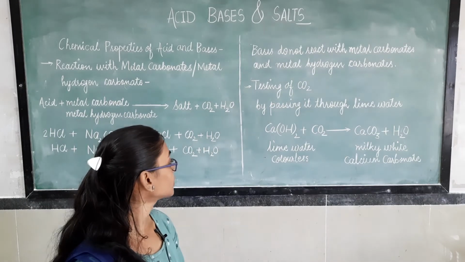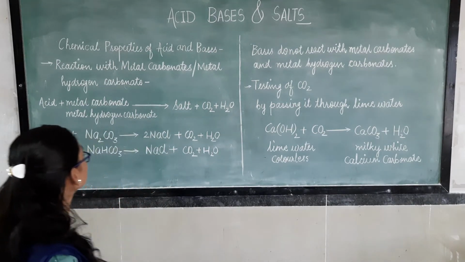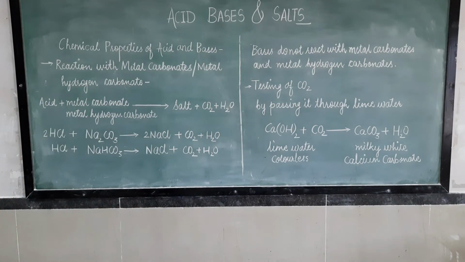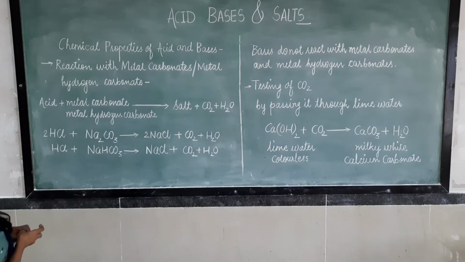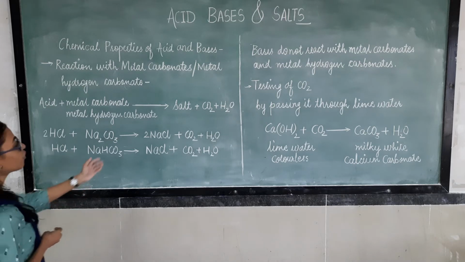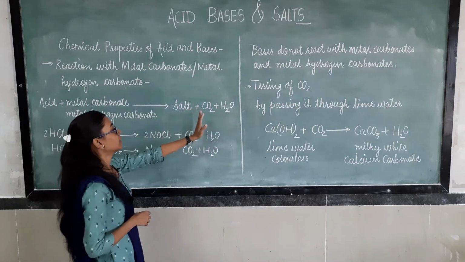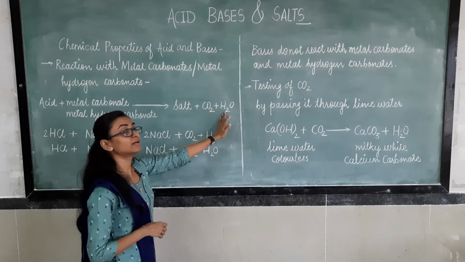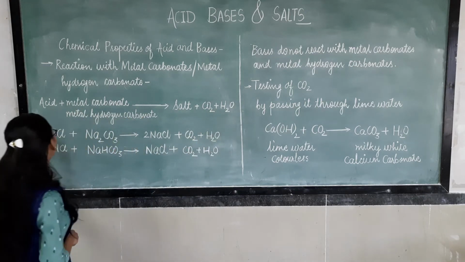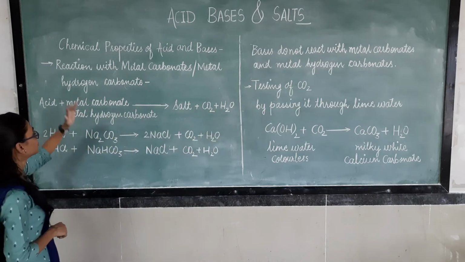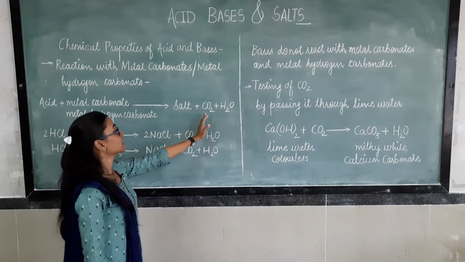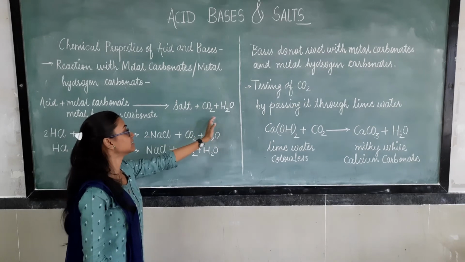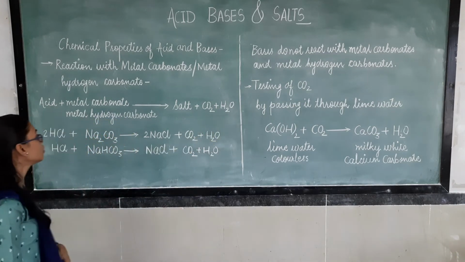When an acid reacts with metal carbonates or metal hydrogen carbonates, it produces a salt, carbon dioxide is released, and H2O is also formed with it.